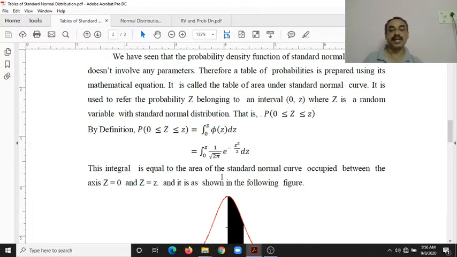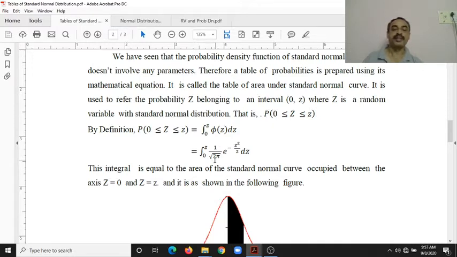Now, this integral represents the area of the function phi z occupied between 0 and z. By a property of integral, if f of x is a function, integral a to b f of x dx gives the area of the function f of x occupied between a and b.